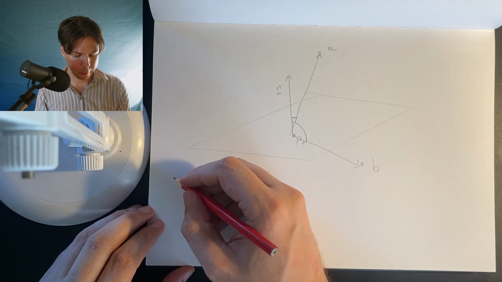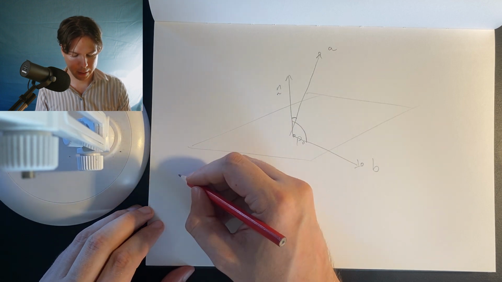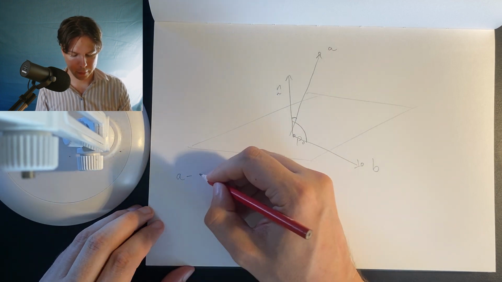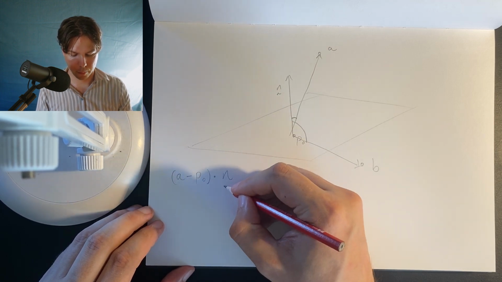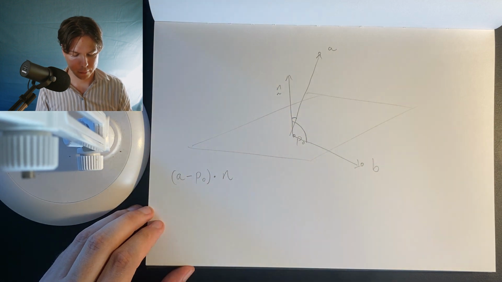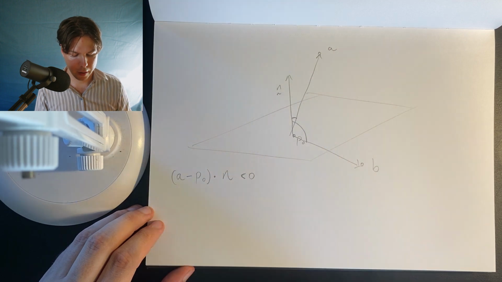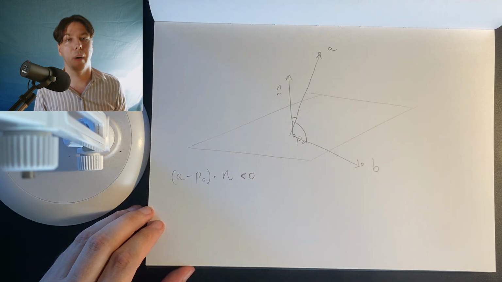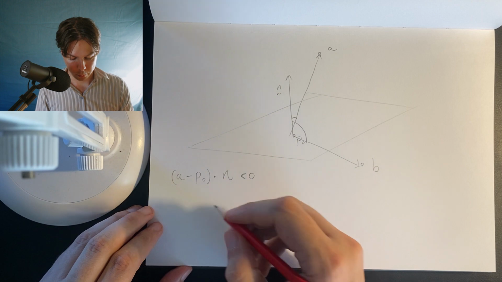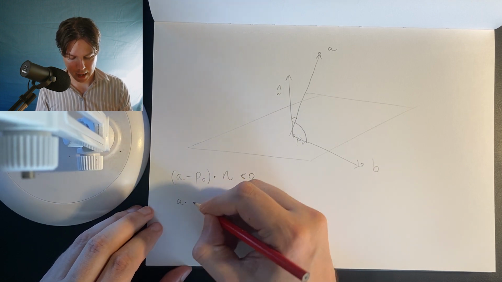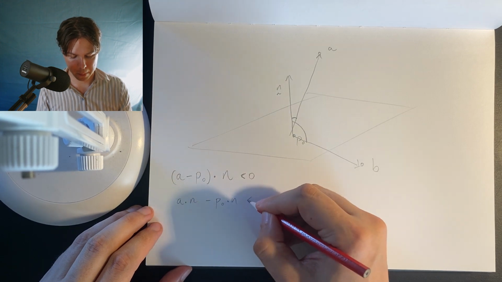So what I want is, if I have A minus P0 dot product with the normal, if that is less than 0, then that point A is behind the plane. So we'll do the same thing as before. We'll split up the dot product. We'll say A dot normal minus P0 dot n has to be less than 0.